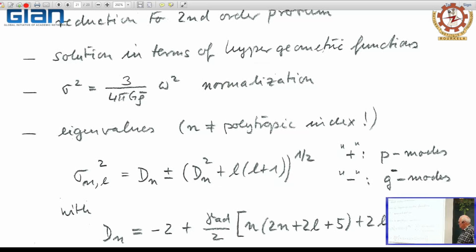Well, with d_n being explicitly given by the adiabatic index, of course we expect the adiabatic index to occur there because it's a parameter of our equations, so it appears also in the solution for the eigenfrequencies, and it depends on the radial order n and the azimuthal degree L.